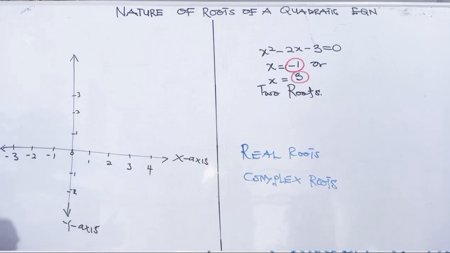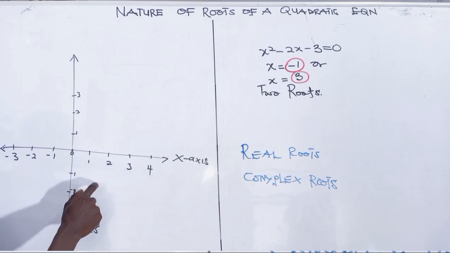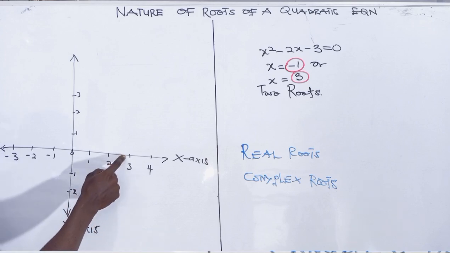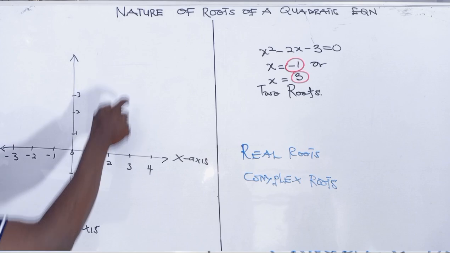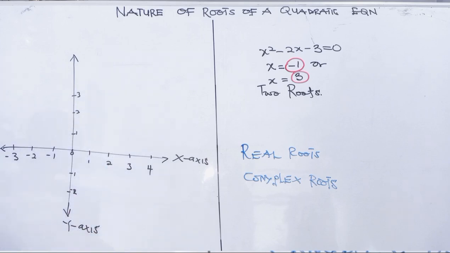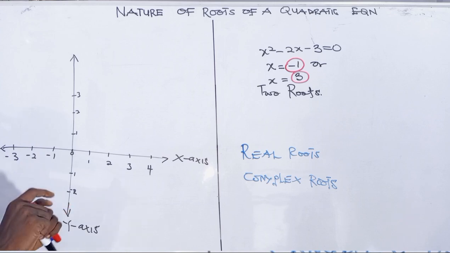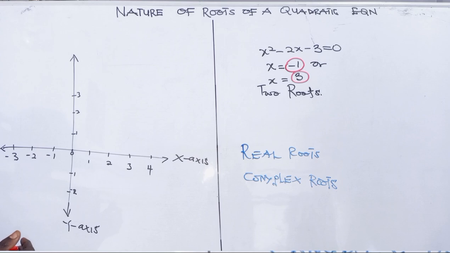We know that whenever we sketch a quadratic curve, it is either going to cut the x-axis at two different points, or cut the x-axis at only one point, or sometimes hang in the air above or below the x-axis. The point where the curve intersects or cuts the x-axis becomes the root of the quadratic equation, because at that very point y becomes 0.